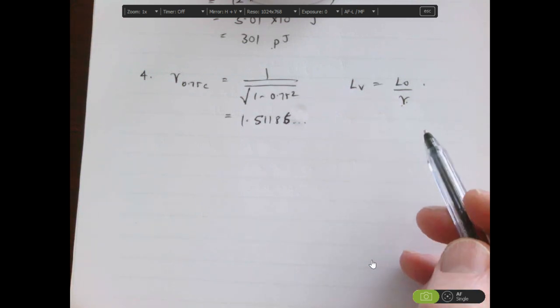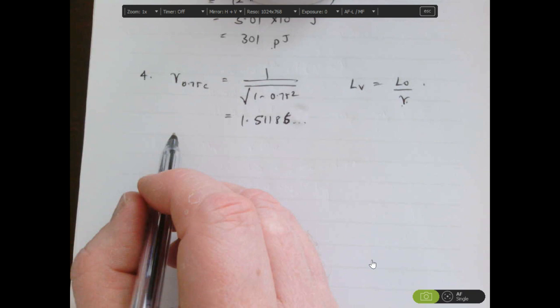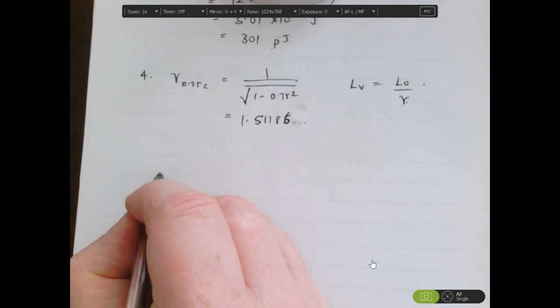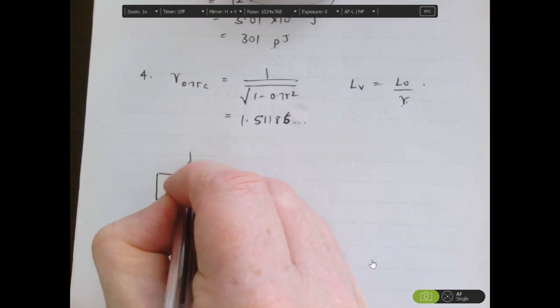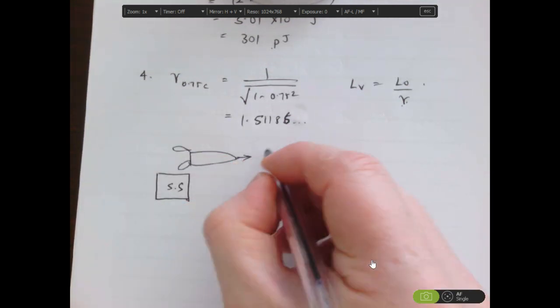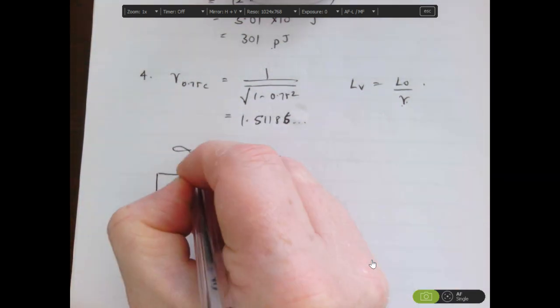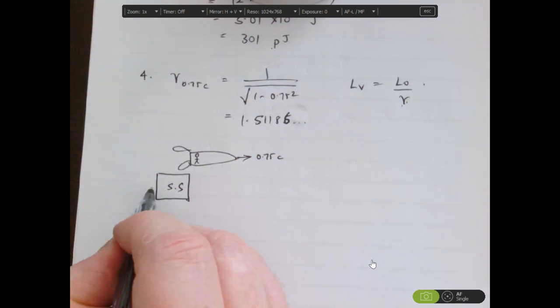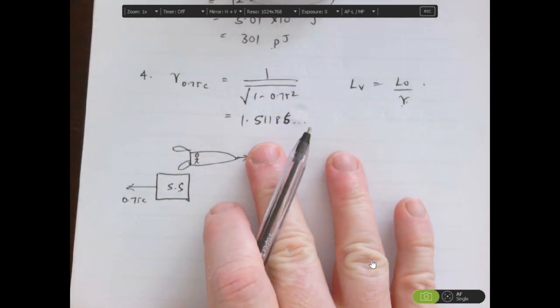Let's have a look at the situation and draw a little diagram. So here is our space station, and here is our craft. The craft is moving at 0.75 c forward. As a pilot on this craft, you would see the space station go that way at 0.75 c, and you would be not moving at all.